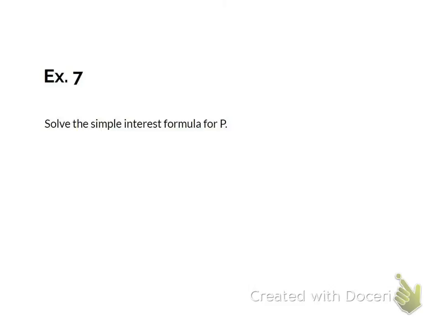Solve the simple interest formula for P. So that one was I equals P R T. We are going to solve for P. So we're trying to get P alone.